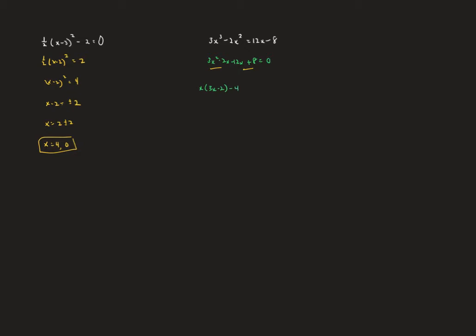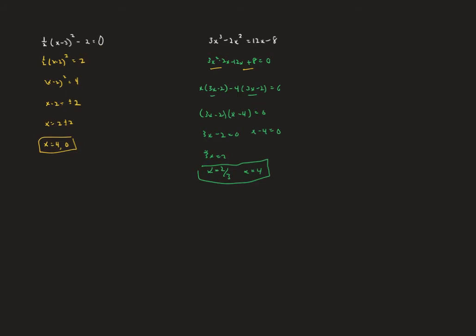So if we factor out the 4, that will leave us a negative 4. We'll get 3x minus 2. That's good news because those are the same, which means we're on the right track. And if we do that, we can see that either 3x minus 2 is 0 or x minus 4 is 0. So here we'll get x equals 2/3 and also x equals 4. So those will be our 2 solutions.